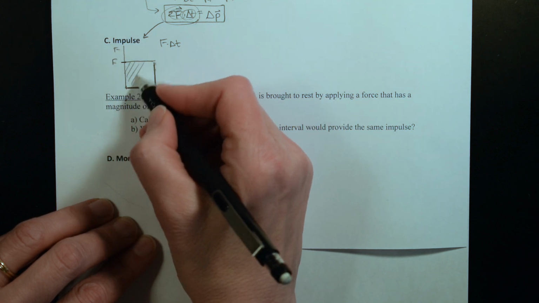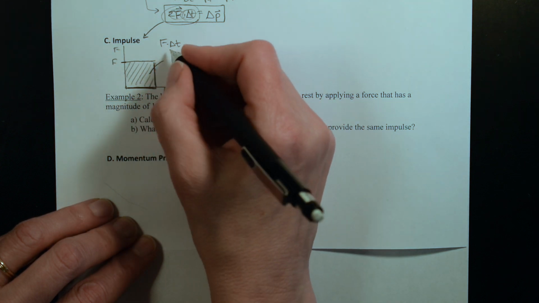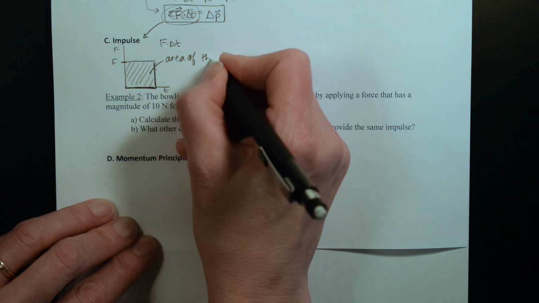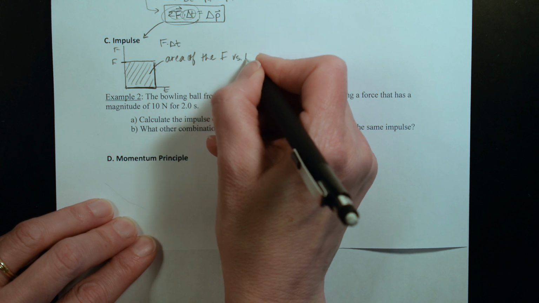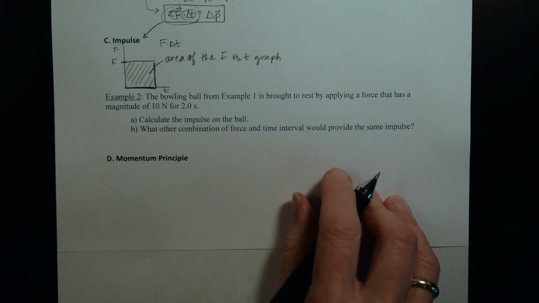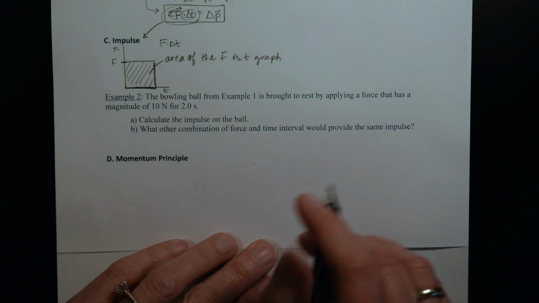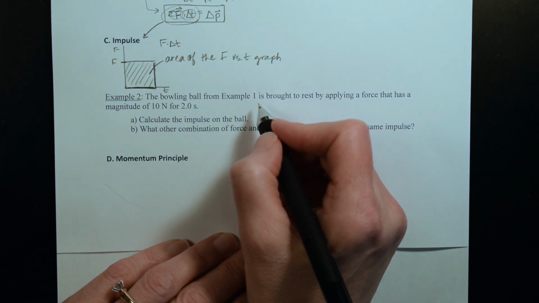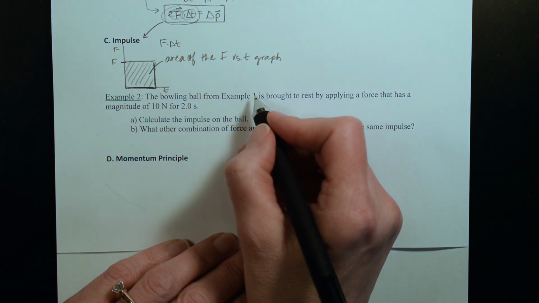So F delta t is just really the area. And the best way to think of impulse is as the area of the force versus time graph. This especially becomes important when we have forces that have changing values over time.